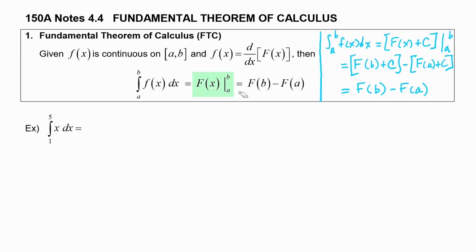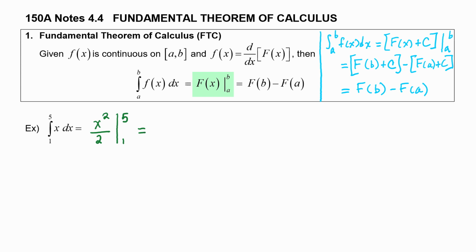So to do this part, where we get the antiderivative, capital F of x, the antiderivative of x is x squared over 2. Now remember, we would normally have a plus c, but because in the definite integral that plus c is going to cancel with the minus c, we leave it off and we are going to evaluate that from 1 to 5. So this expression right here is exactly this part of the rule.